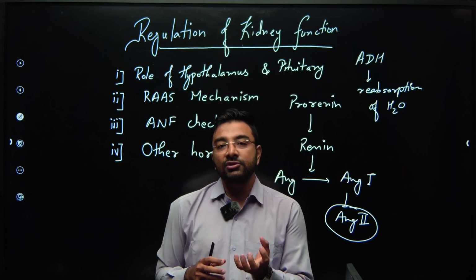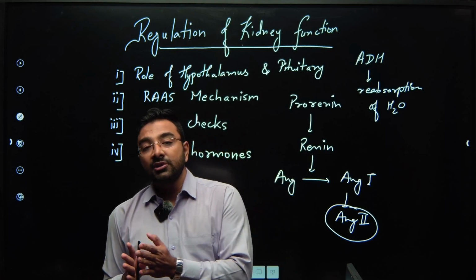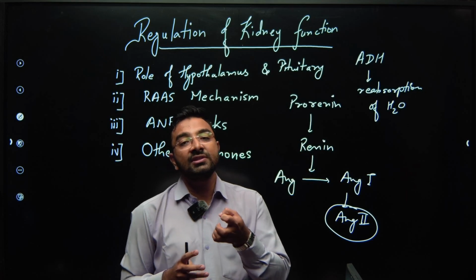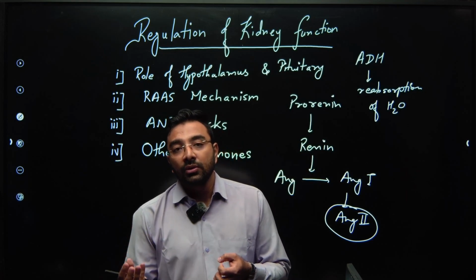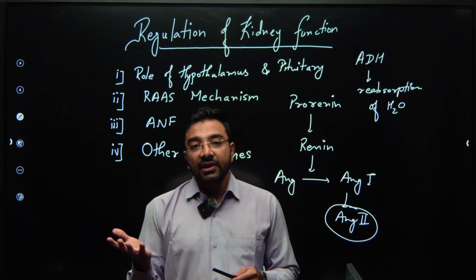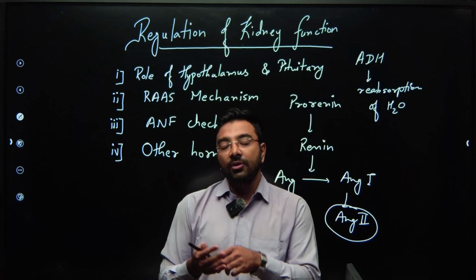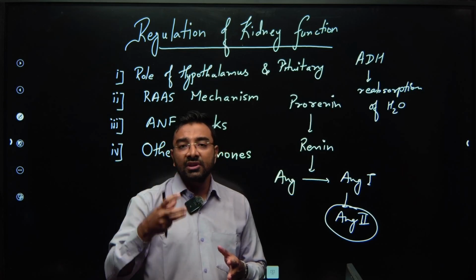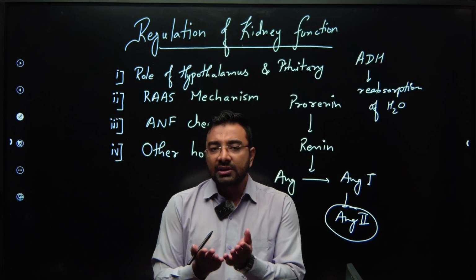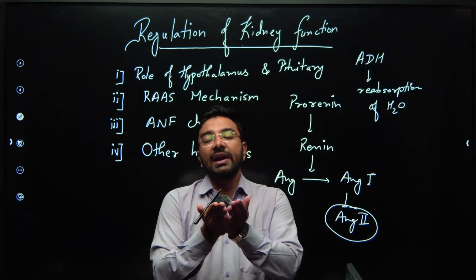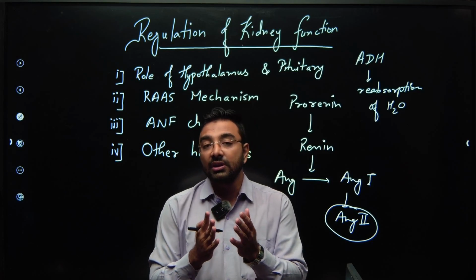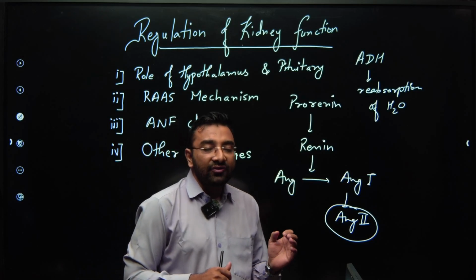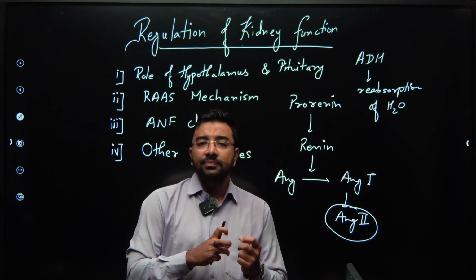Now, this aldosterone has receptors in the DCT, or distal convoluted tubule, where it activates the sodium channels to effectively accelerate the reabsorption of sodium from the DCTs. Since the DCT pushes the sodium into the bloodstream, there is a slight rise in blood pressure too.